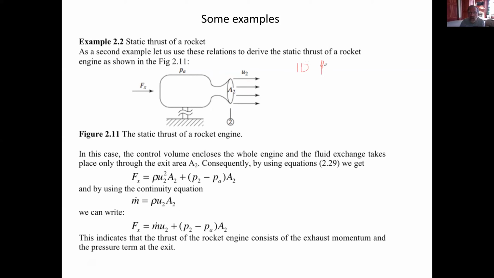1D flow means the velocity profile is constant, the velocity is always the same. Now for the experts amongst you, you know that the jet will have a velocity profile like that, because the velocity is 0 at the solid surface.